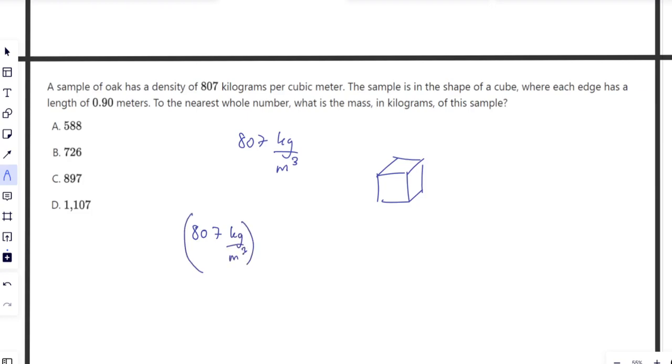We could just multiply by the dimensions, which is 0.90 meters cubed. That would cancel out meters cubed and give us a final answer, 807 times 0.9 cubed. And what is that exactly? That would give us about 588 kilograms. And that's answer choice A.